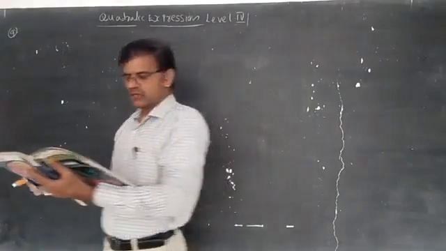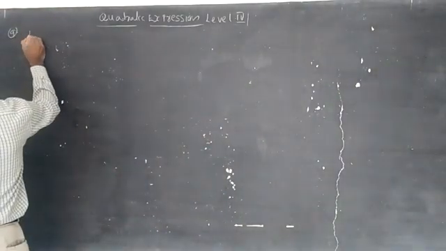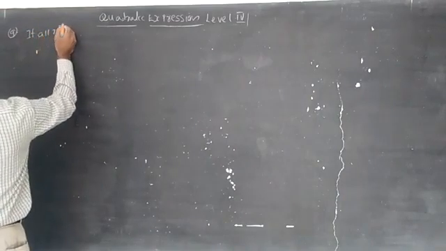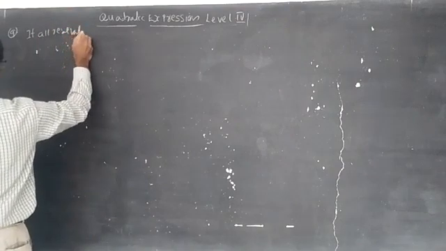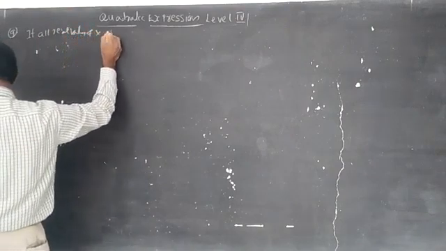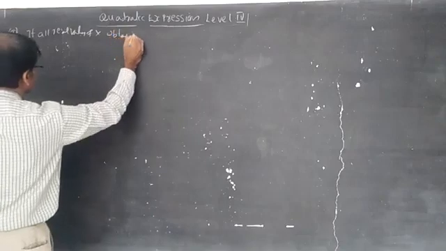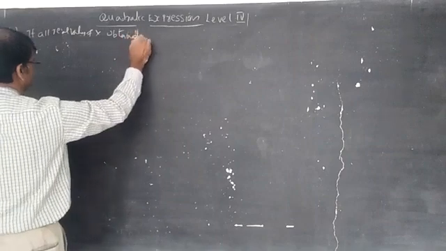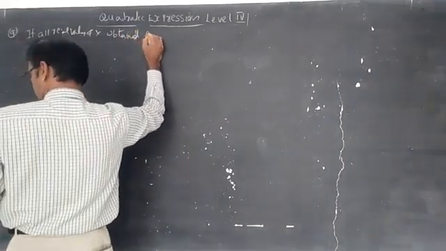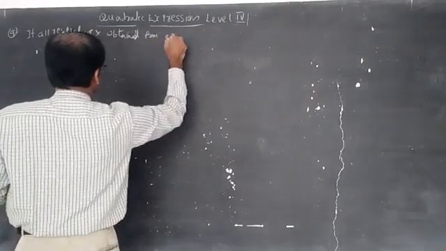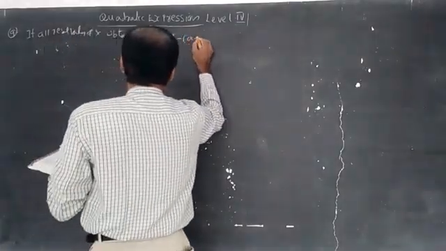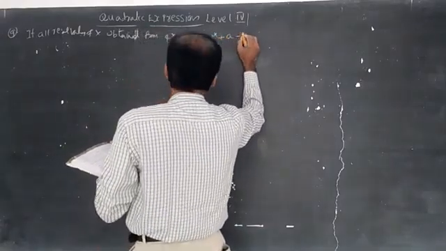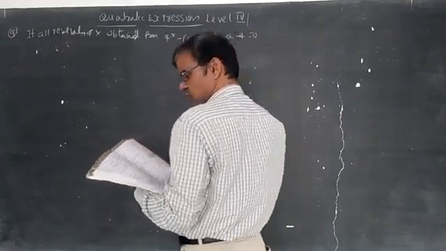Ninth question: if all real values of x obtained from the equation 4 power x minus (a minus 3) into 2 power x plus a minus 4 is equal to 0 are non-positive.